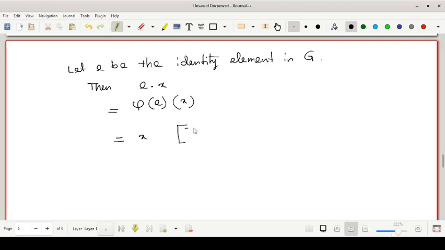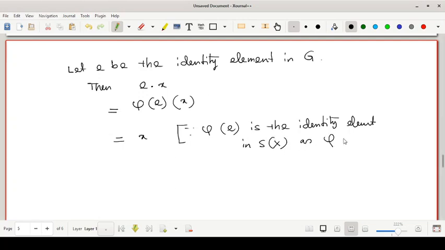Why? Since phi of e is the identity element in Sx, as phi is a homomorphism.